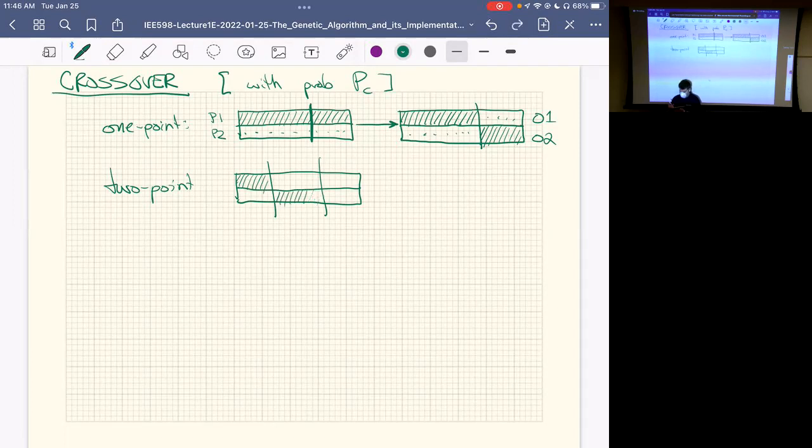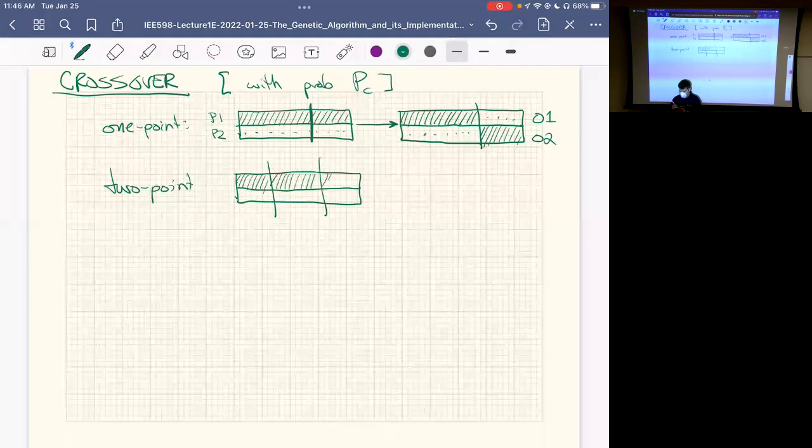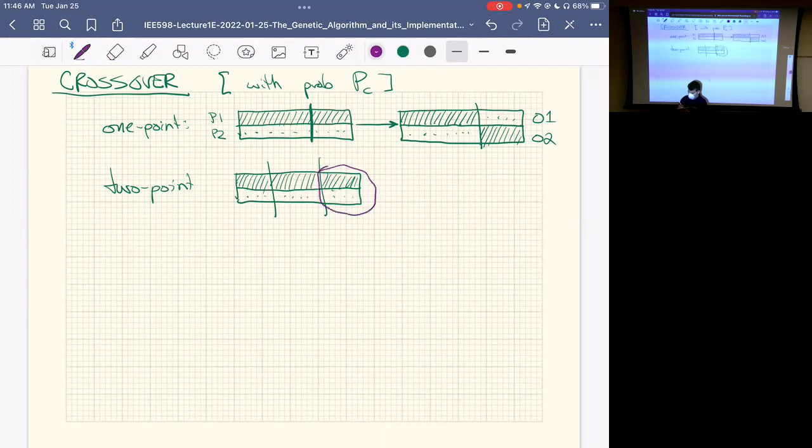In 2-point crossover, you might swap these and swap these, but leave the middle ones alone. So you can have multi-point crossover, where you switch between swapping and not swapping every time you hit one of those fence posts. Those fence posts can be drawn randomly, or they can be set ahead of time.